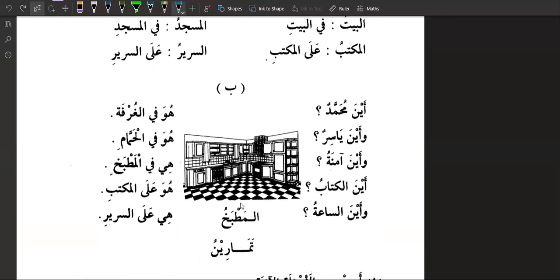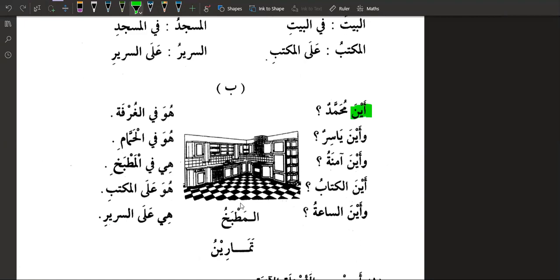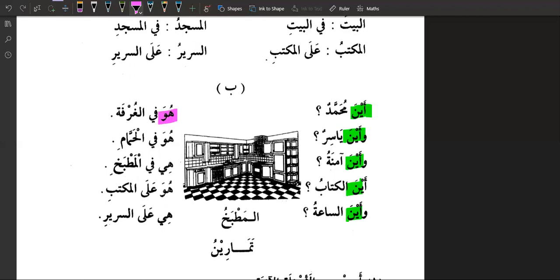So we also used a few more question words. For example, we studied aina, which means where. And we also covered the two words huwa and hiya. And we mentioned that huwa means he if we're referring to a human, or it if we are referring to an object.